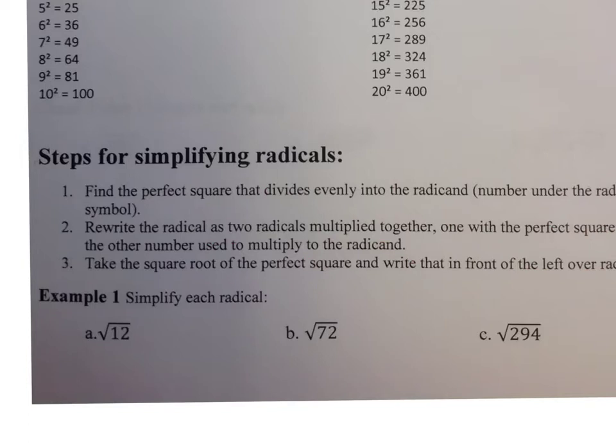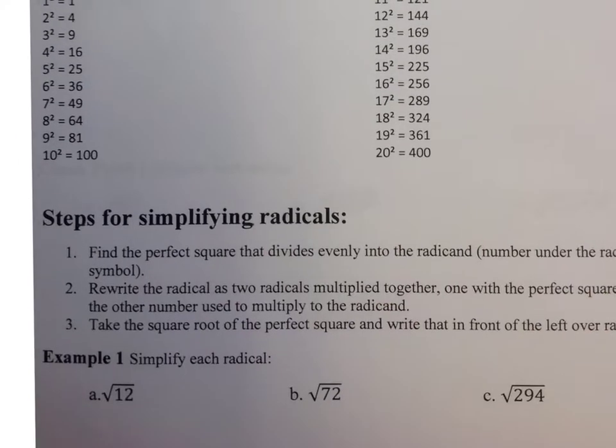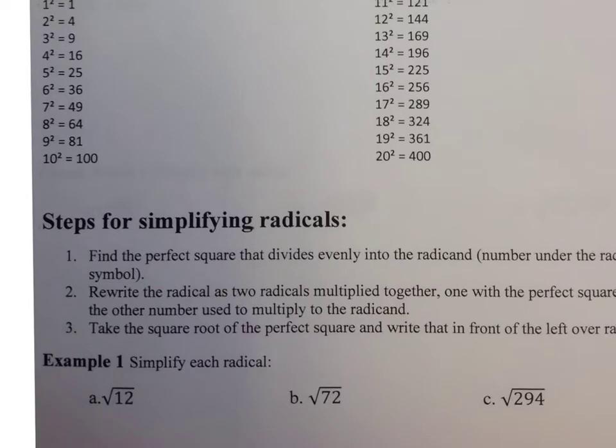We've got the square root of 12. And so if I'm looking at my list, I've got to find a number on the right side of my list that goes into 12 evenly, and actually we want the biggest number on the right side of the list that goes into 12. Now there are more than just these numbers because 6 and 2 go into 12. But 6 or 2 are not on the list up here. So we can't use 6 and 2. But we can use 4. 4 goes into 12 3 times.